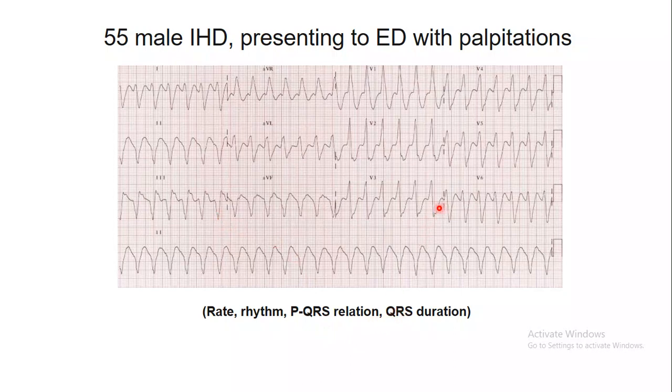The QRS duration is wide, so we have a wide complex tachycardia. In 80% of cases, wide complex tachycardia is ventricular tachycardia, especially in ischemic patients.